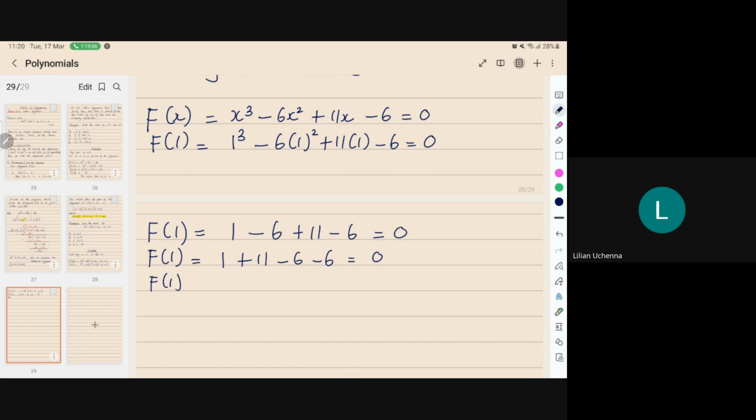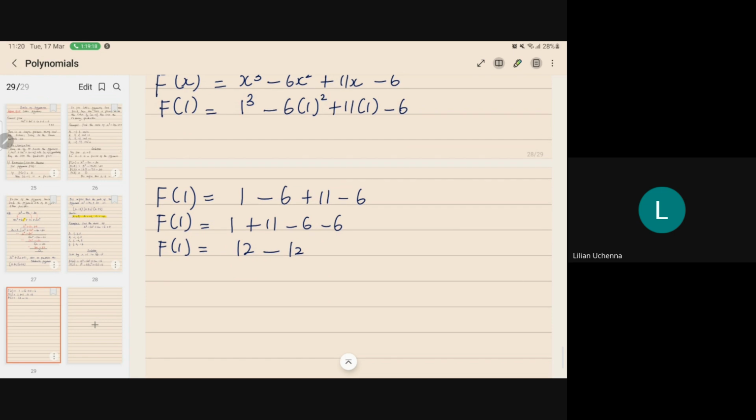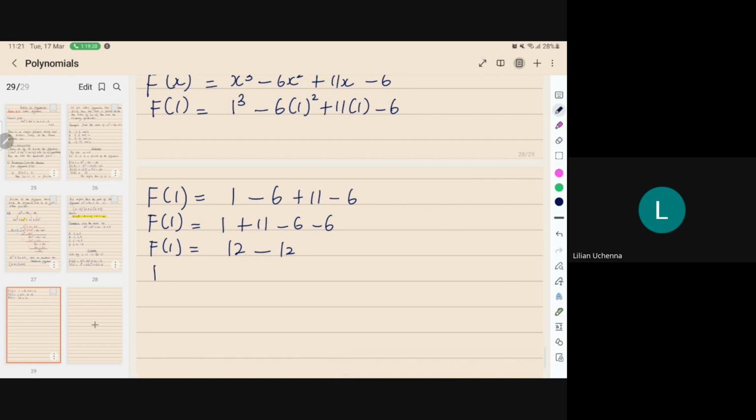So f of 1 is equal to 12 minus 12. Why am I saying equal to 0? Who told me that is equal to 0? See how we make mistakes. It's when you have proved it now. So f of 1 is equal to 0, right?